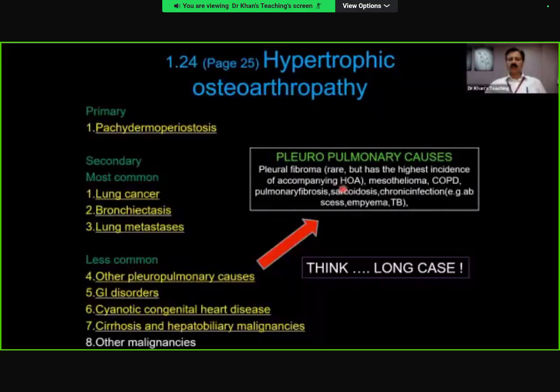On the other hand, if you don't know this, you will be going in the wrong direction. So that is the main point to remember. Think for long cases also, this can happen. And in GI disorders, various things like Whipple's, celiac, etc., can all have this. IBD can have it. So all of these are important for you to consider.